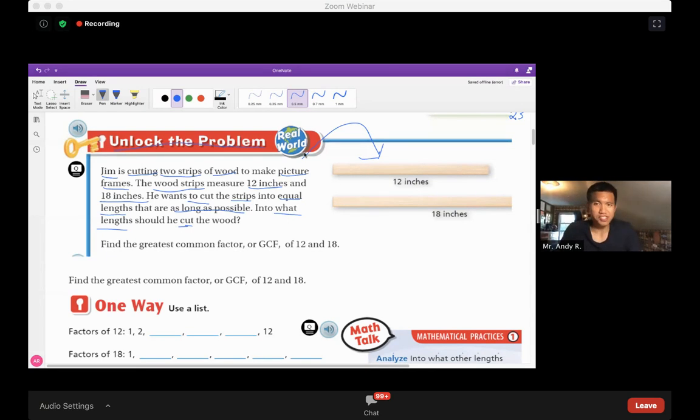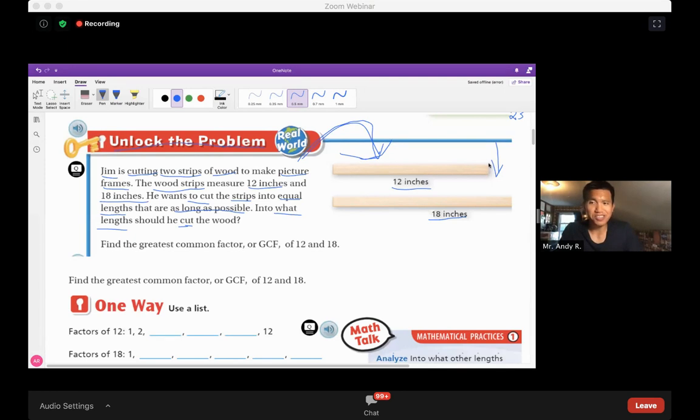Okay, guys, so look at this. Jim cuts wood. He has 2 wood strips right now. One is 12 inches and the other is 18. He wants to cut them into equal strips, so that he can have the same number of equal strips and not have any left over.